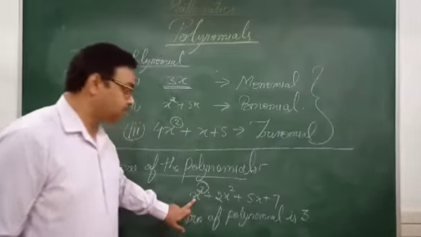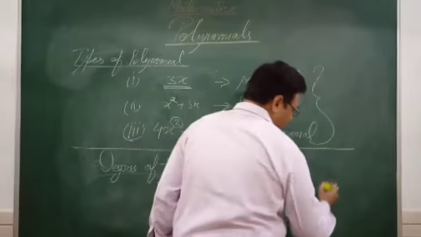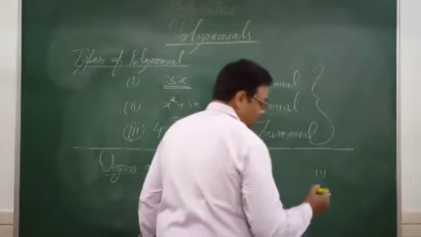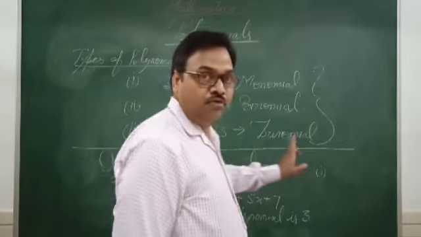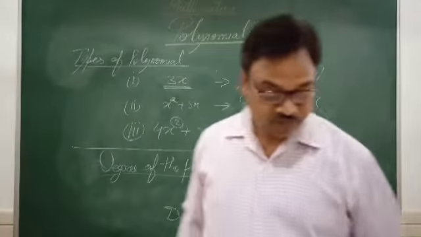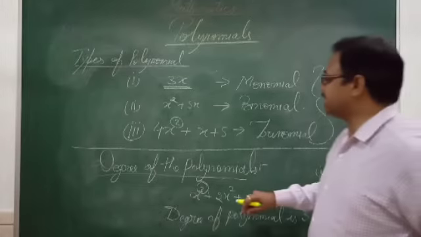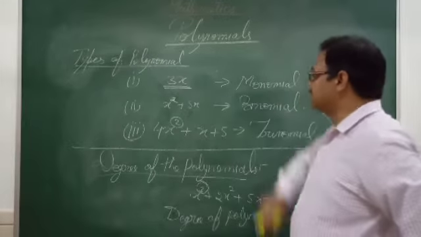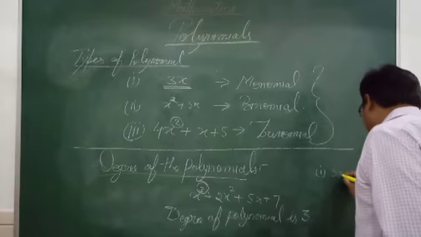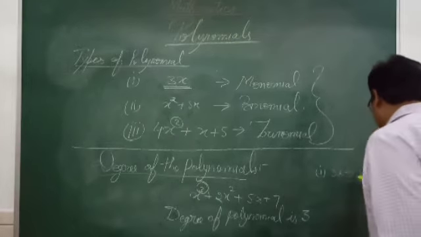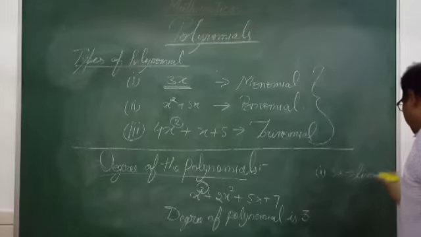Now on the basis of the degree, polynomials can be categorized as polynomial of degree 1, polynomial of degree 2, and polynomial of degree 3. A polynomial of degree 1, like 3x, is called a linear polynomial.